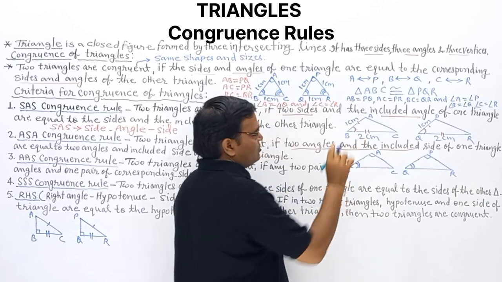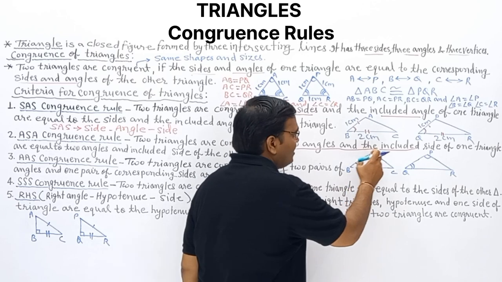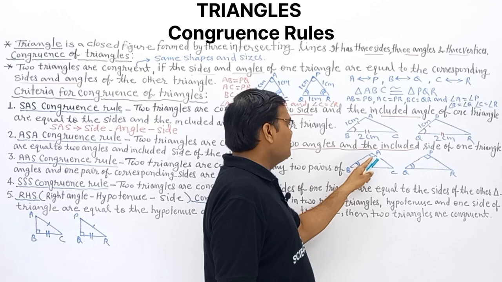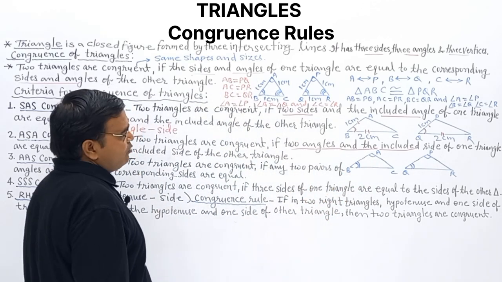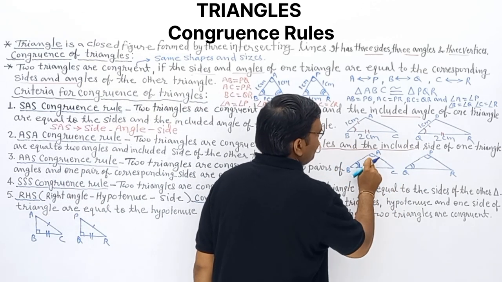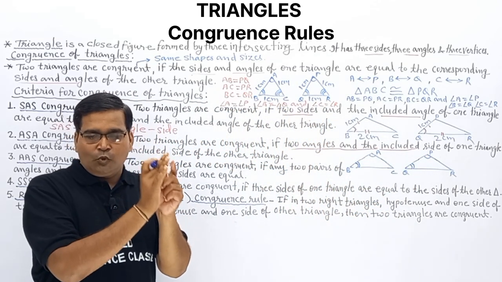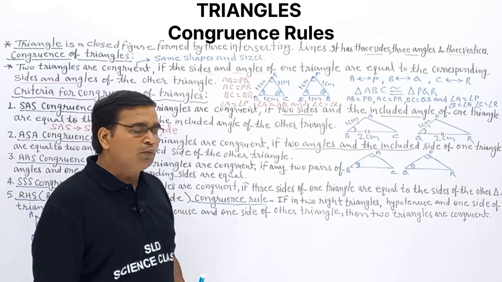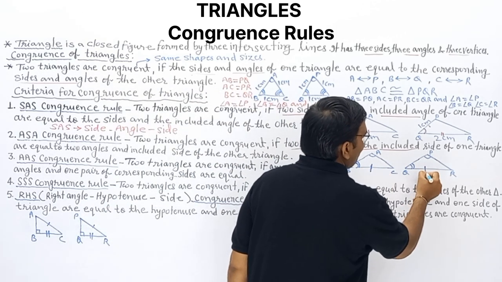So two pairs of angles and one pair of corresponding sides are equal. It means these two angles correspond to these two angles. This one equal to this one, this angle equal to this one. In the triangles, two angles are equal to two angles of the other triangle, and one side, this side, is equal to the corresponding side.